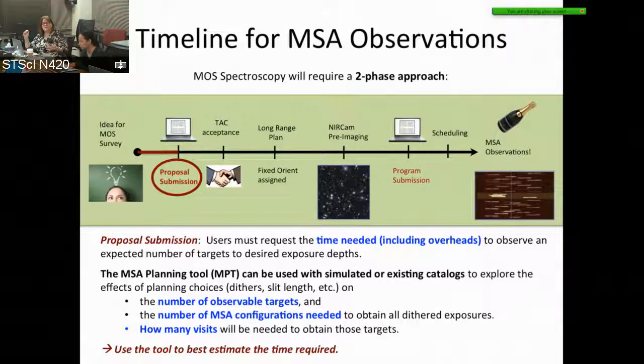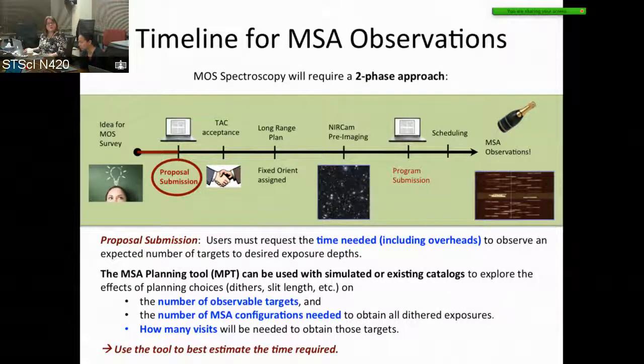And the visit structure is very much going to depend on what plan parameters you use. In particular, it depends on the number of observable targets that you derive from using the tool, the number of MSA configurations needed to complete your observations, all your dither exposures, and how many visits you'll get in the end. It will largely determine the amount of time you need to ask for.